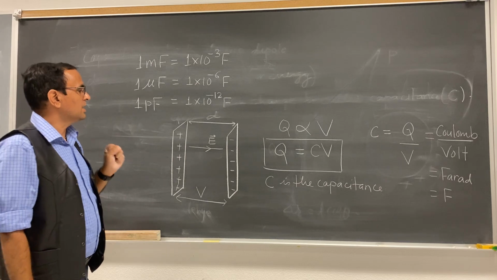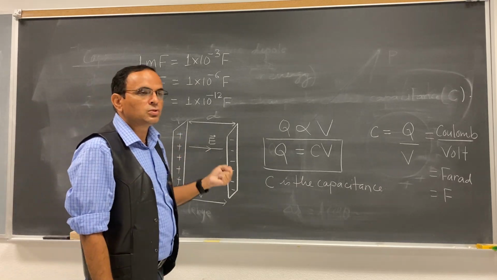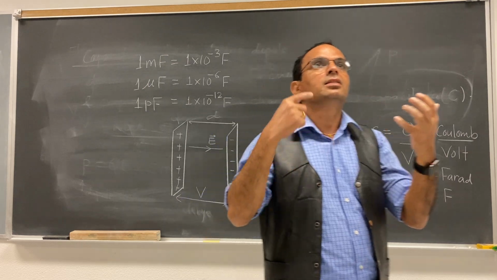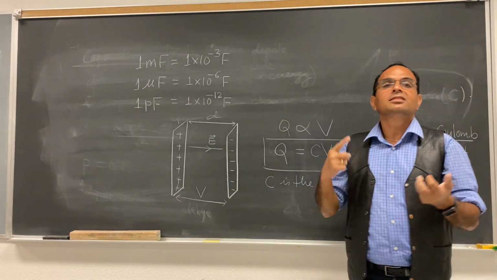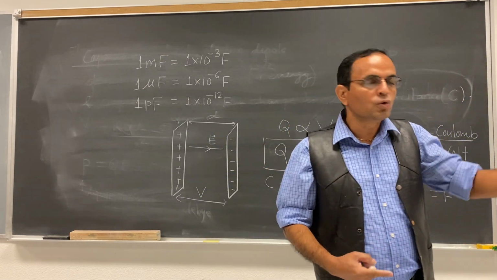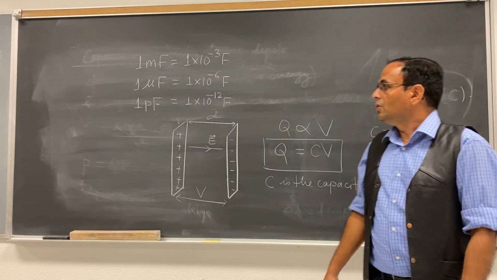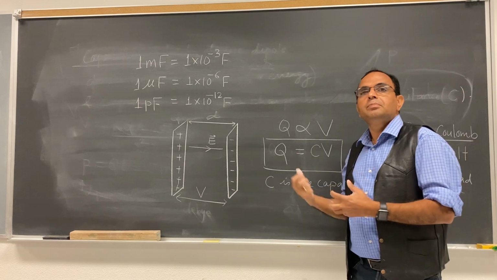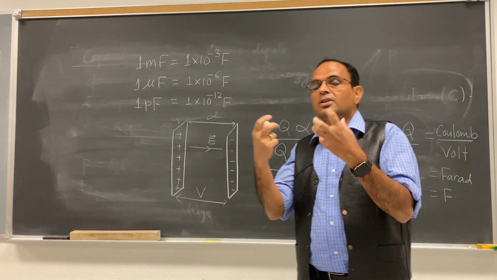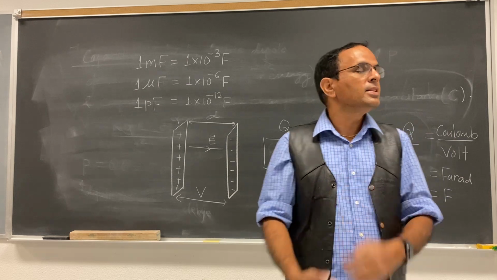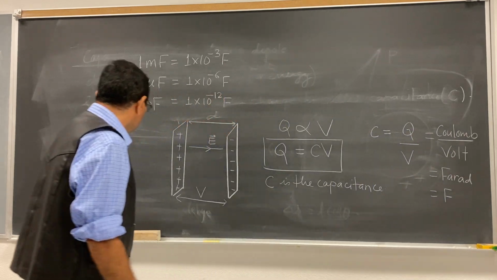So this is the capacitance, the capacity to store charge, of the different capacitors. There are spherical capacitors, cylindrical capacitors, and I already showed you the parallel plate capacitors. The capacitance depends on shape, size, and whatever medium you have between the plates.